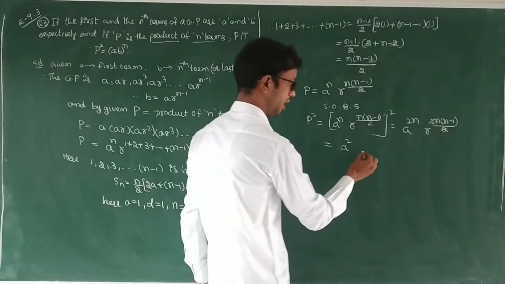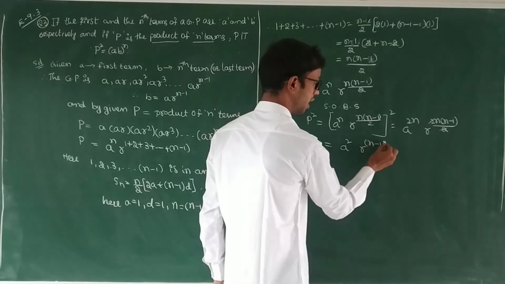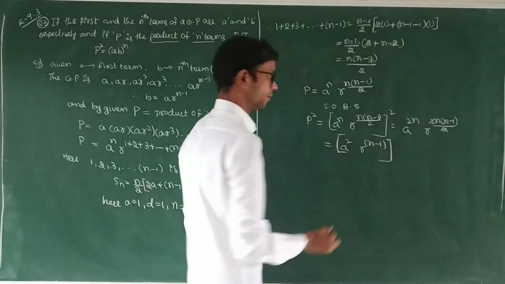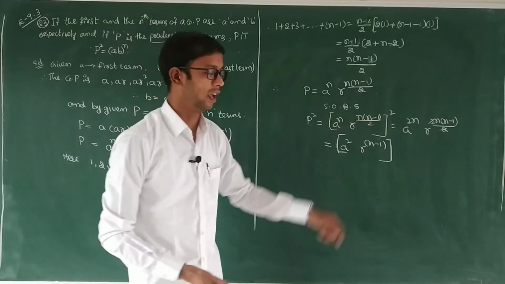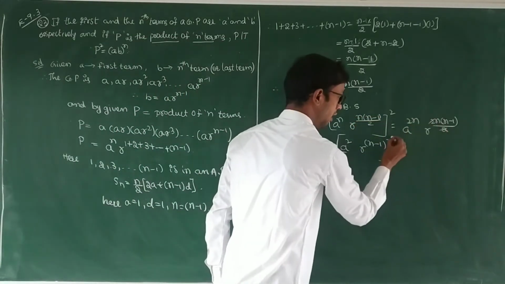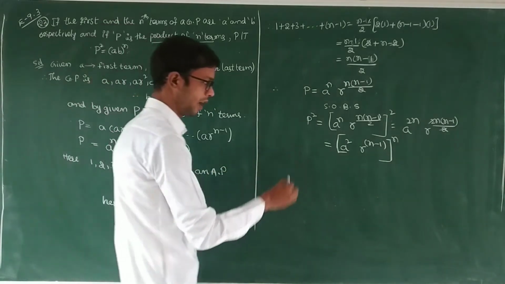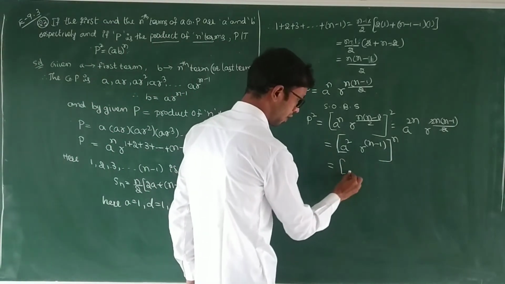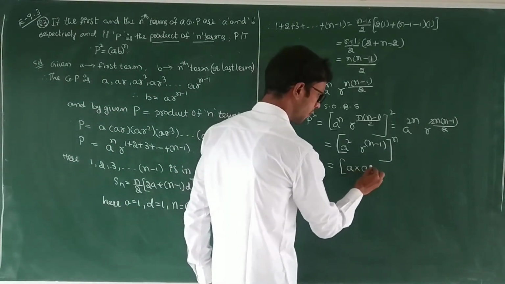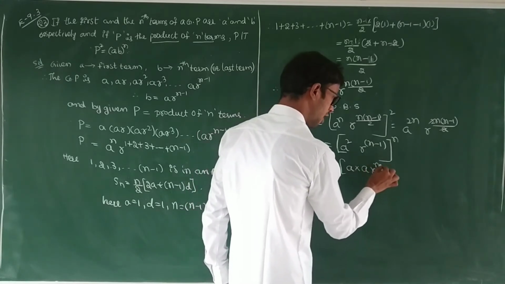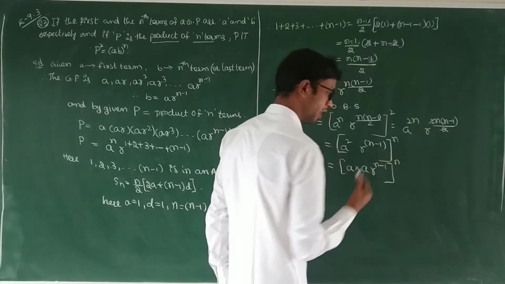A square I am writing, (r power n minus 1) whole power n I am writing. This n is then written outside. Same value later. Next step, a into (a r power n minus 1) whole power n.